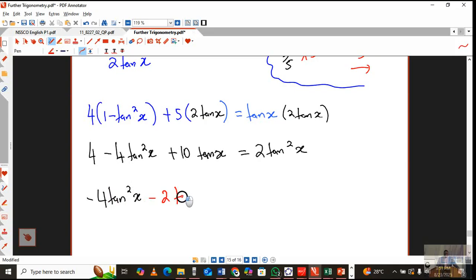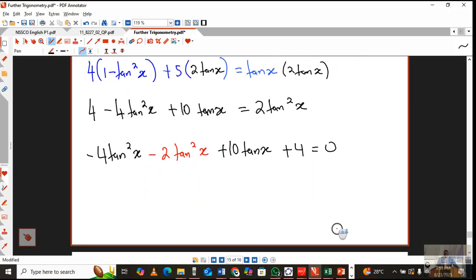We have minus 2 tan square x, that is quadratic because everything should equal 0. Then I have plus 10 tan x, and then plus 4, everything equal to 0. Okay, let's clean it up. We have negative 2 tan square x, collecting like terms, plus 10 tan x plus 4.